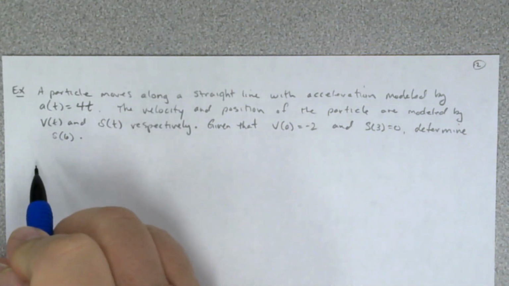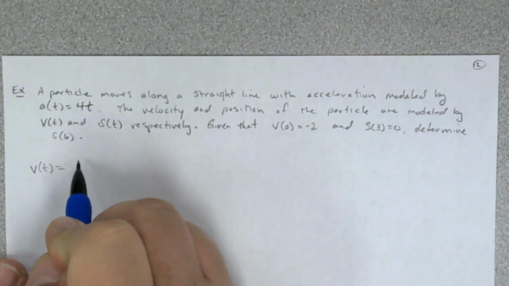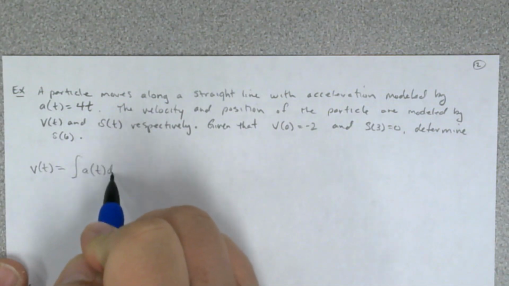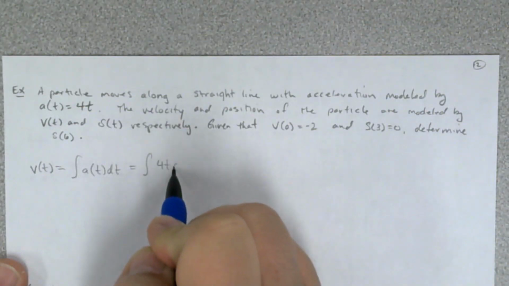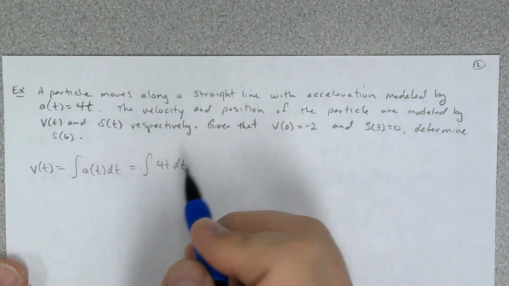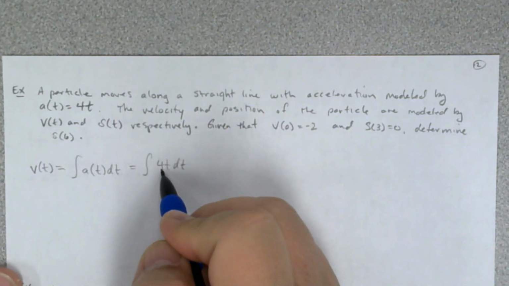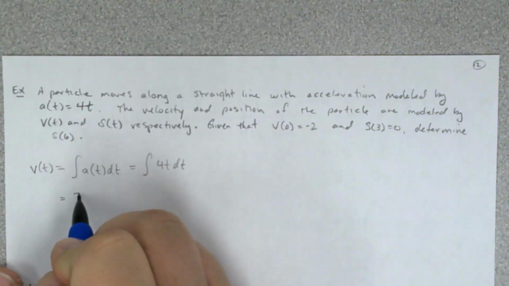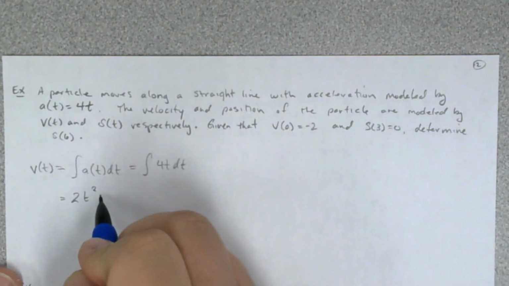So this means that the velocity function is the antiderivative of the acceleration function, which means I'm going to integrate 4t dt. I'm going to use our techniques for integration. The 4 is a constant, and t is raised to the power 1, divided by the raised exponent. So when I do that, this is going to equal 2t squared, and then because there are no limits, don't forget, plus a constant.